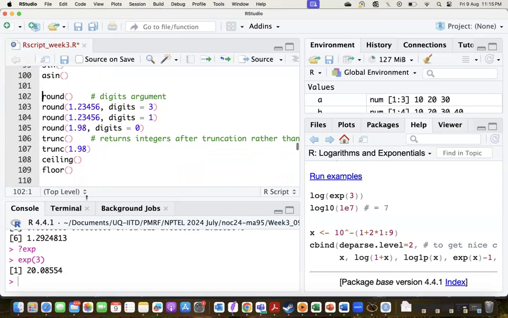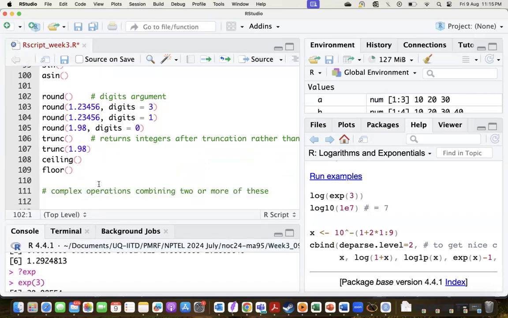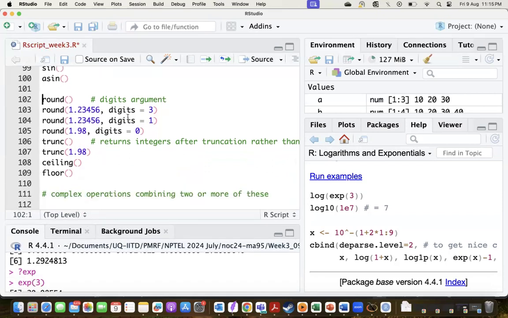Okay, now this is something which is a bit more important. Okay, so you are all familiar with rounding off numbers. There was something called estimation in school. So when you're doing a round off, you can do a round off to the decimal places.